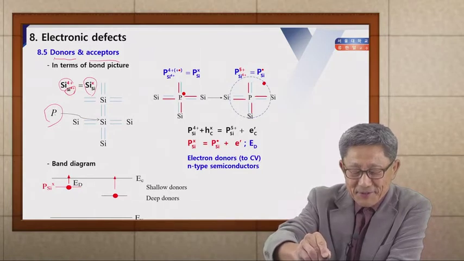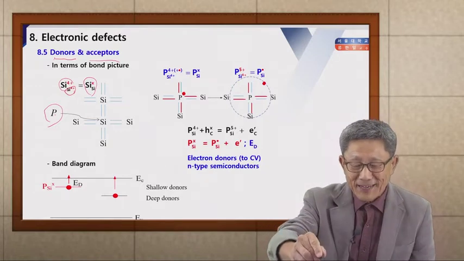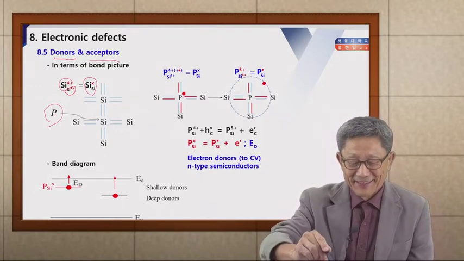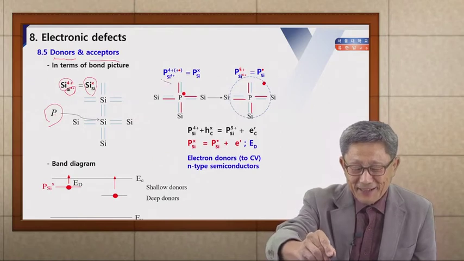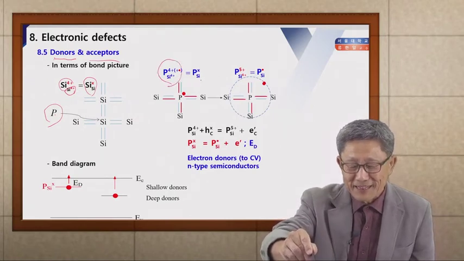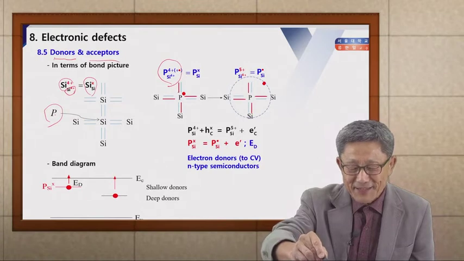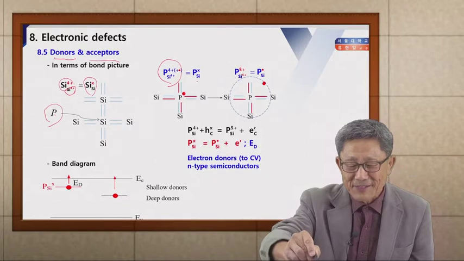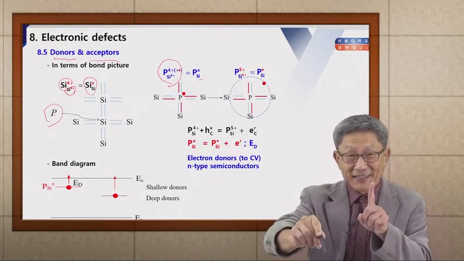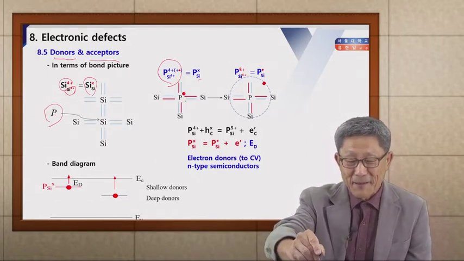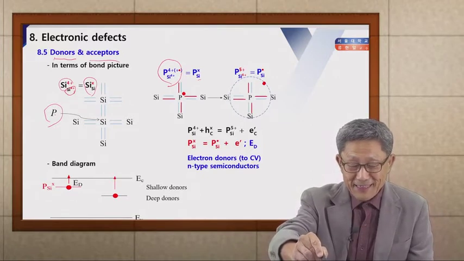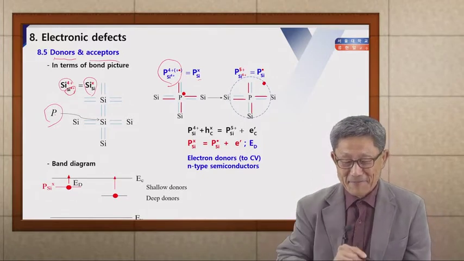Now this phosphorus atom donates 4 electrons to make bonds, but it still has 1 more electron here. So actually, this part corresponds to neutral silicon, because it makes a tetravalent phosphorus ion on the tetravalent silicon site. Therefore, its effective charge is 0. But remember, there still remains 1 electron here.